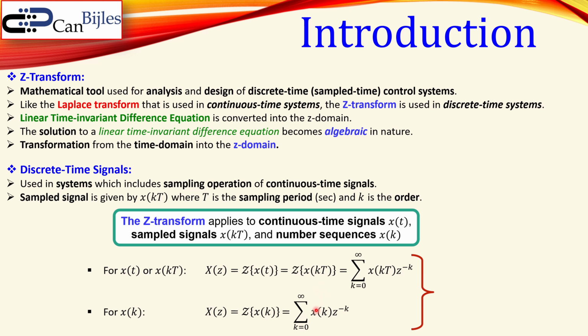Now these two expressions are for the one-sided Z-transform. You can also have a double-sided or two-sided Z-transform when you go from k equal to minus infinity to infinity, which is most of the time encountered in digital signal processing. In this case we only look at the positive values of k.